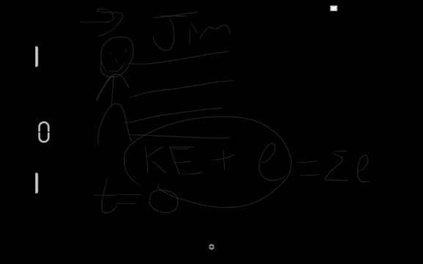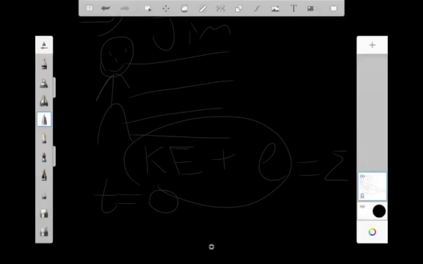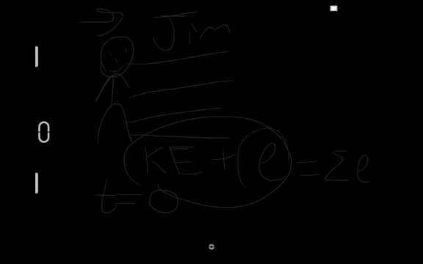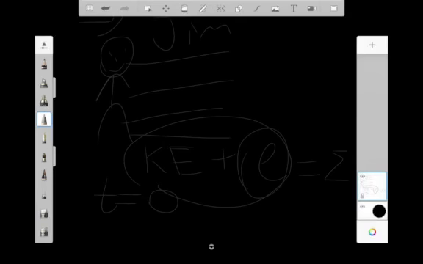Now he has some speed, so some non-zero kinetic energy. And the light that leaves his body also has some energy. But in this case, after he has some velocity, according to Einstein, it's not equal to this E right here. It's a little bit different.